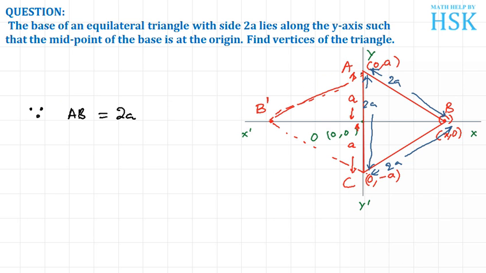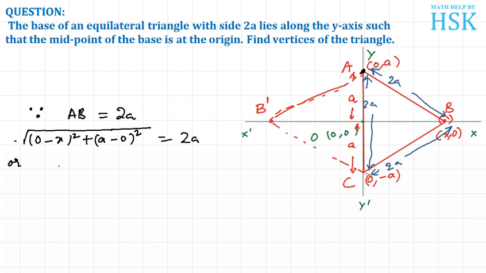Therefore, applying the distance formula between the points A and B, we are going to get the same value again. So I can write this as the square root of (0 minus x) whole square plus (a minus 0) whole square is equal to 2a.